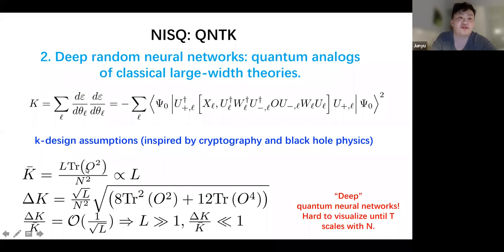So that gives you the situation that for a deep random neural network, where deep means that L is large enough, it will automatically be in the lazy phase. There are so many training parameters L that if you randomly start at a point, it will be sufficiently close to some local minimum that minimizes your loss function.